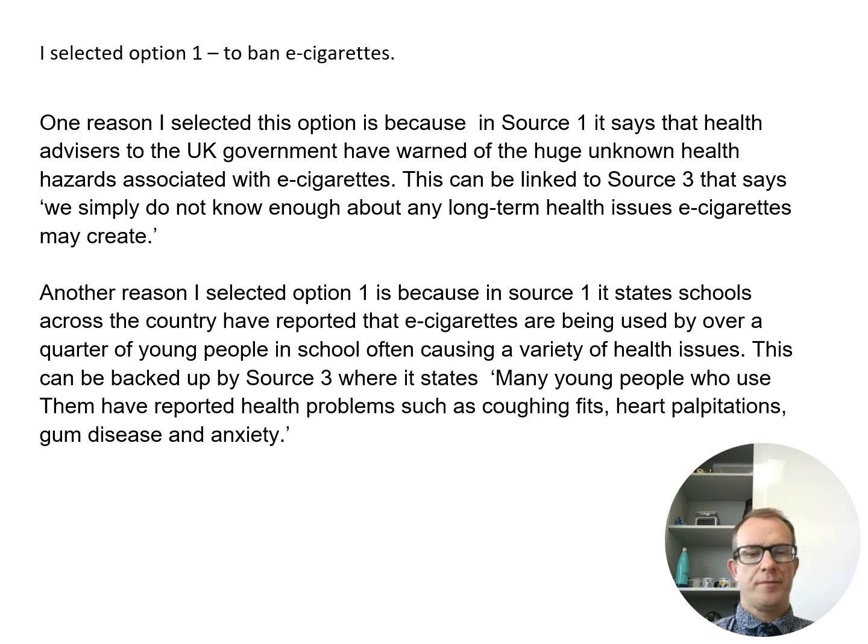Paragraph 2, again 2 examples, source 1, in many schools e-cigarettes are causing health issues amongst young people, that's a mark. And then source 3 backs it up, that e-cigarettes are causing health issues like coughing fits, gum disease, etc. So this would gain 4 marks because you have told the marker 2 reasons why you chose the option, and for each reason you've added 2 source examples.